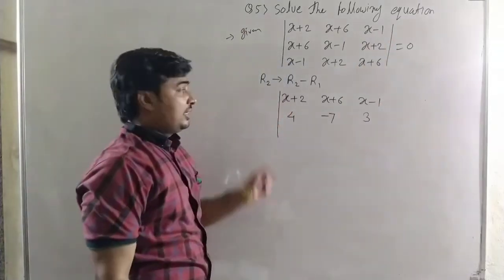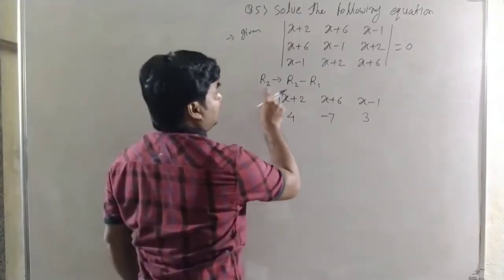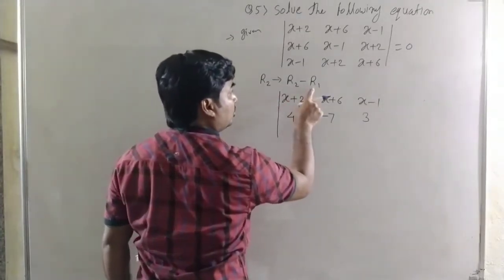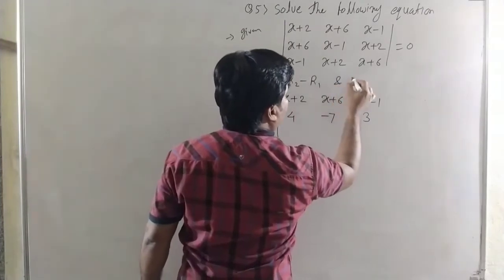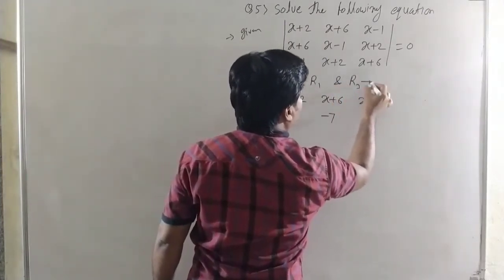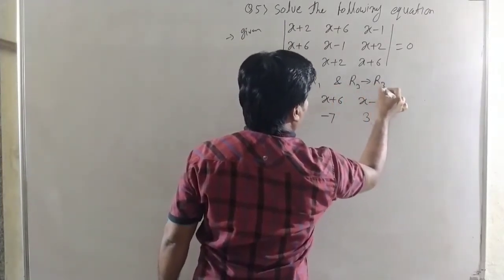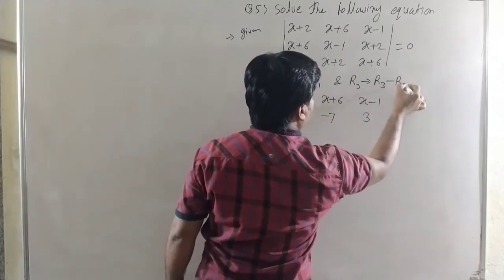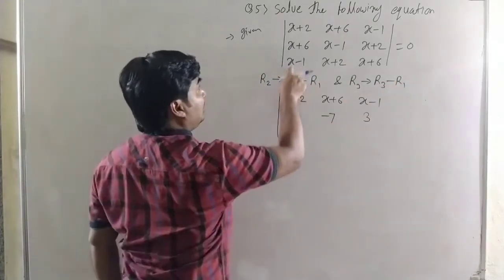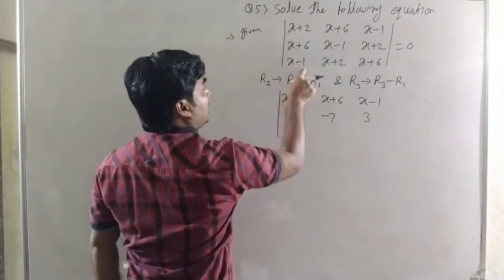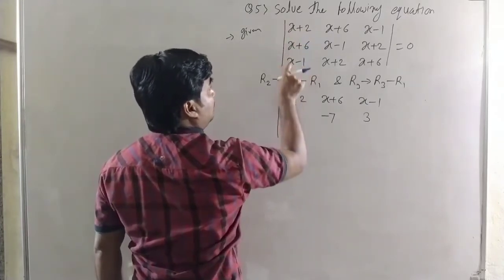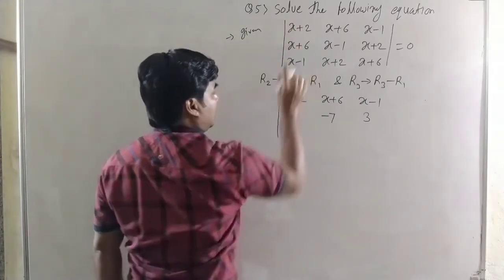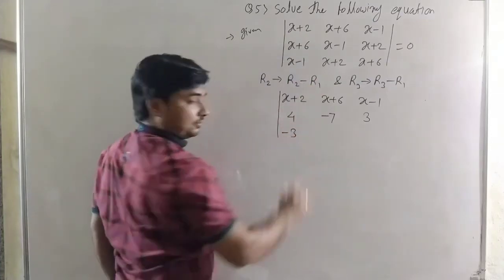Here it is row 2. Now we take the calculation of row 2 with row 1, and we take the calculation of row 3 again with row 1. R3 minus R1: x minus 1 minus x minus 2, see carefully, x gets cancelled, it is minus 1 and minus 2, we get 3.